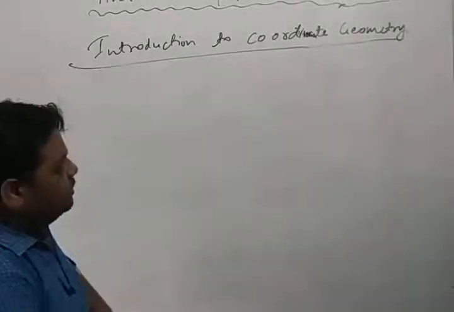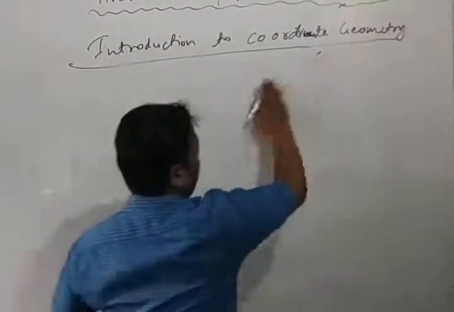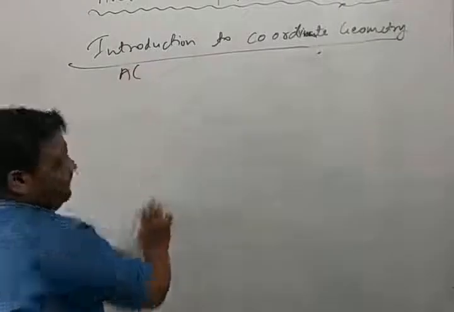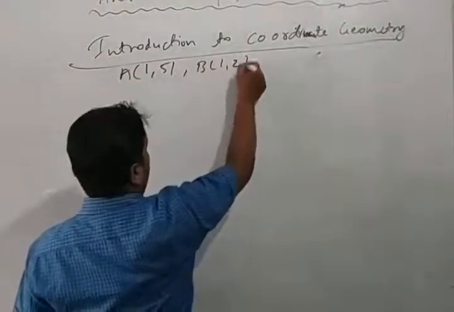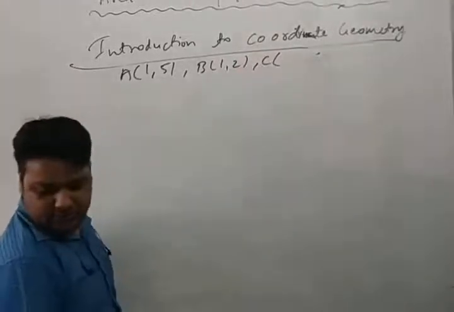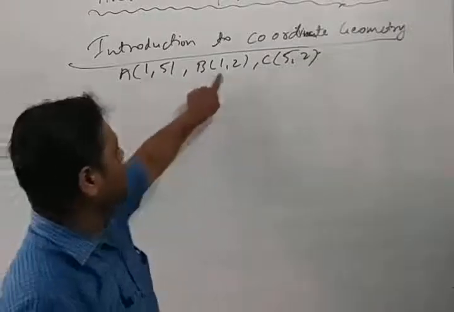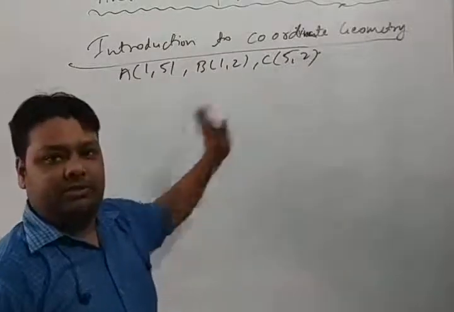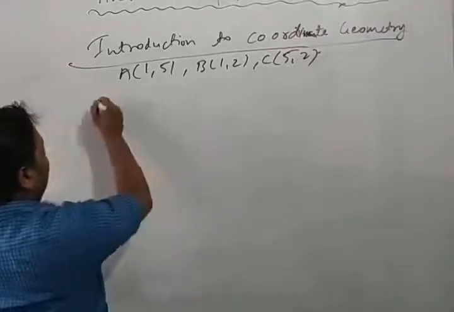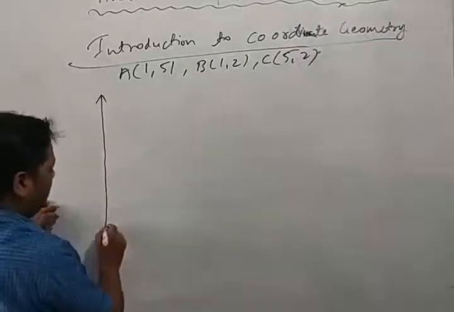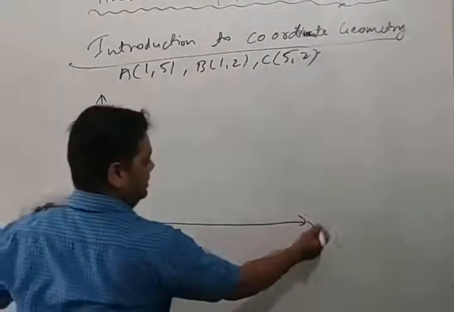At first, as you can see, the 3 points are given. Here I am writing. Wait first. A is given (1, 5), B (1, 2) and C is given (5, 2). Now for the x-axis we have 1, 1, 5. The maximum is 5, so we will go up to 1 more, that is 6. And all are positive, so there is no need to draw the negative axes.